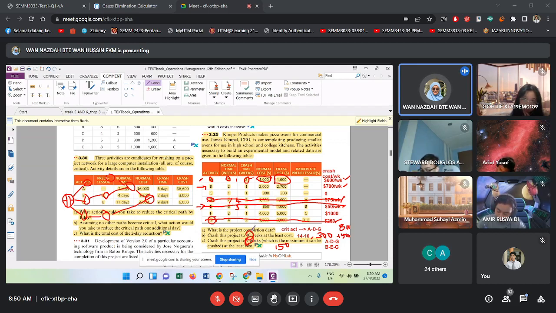All right, remember the crashing activities actually requires you to redraw the network diagram based on how many crashing that you are doing. Banyak banyak. So for this one, you need to do a lot of practice if you want to draw the network diagram quickly.